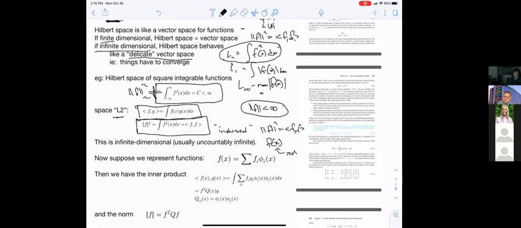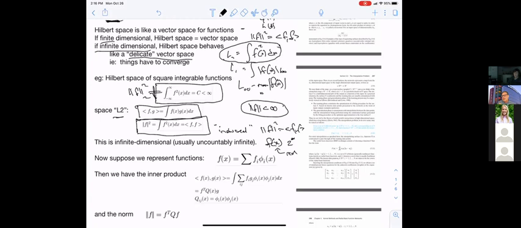So even if f itself is binary, a binary function on the real numbers, there's still an uncountable number of them, because that's 2 to the uncountable infinity. 2 to the countable infinity is countable, but 2 to the uncountable infinity is not countable. So these are very, very big spaces in terms of the number of things within them.